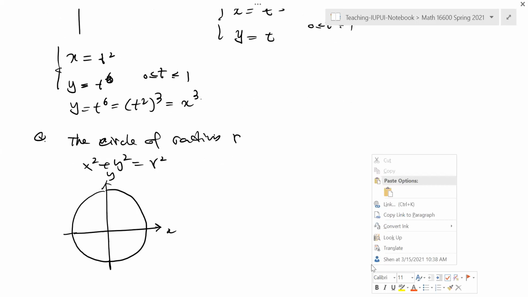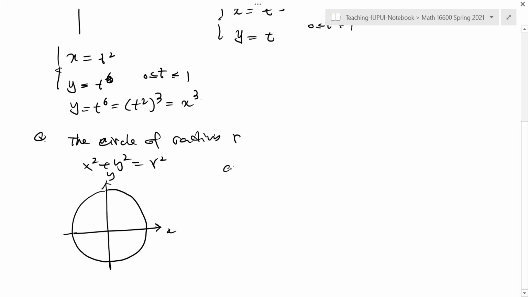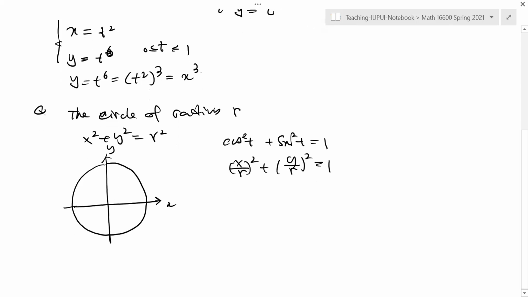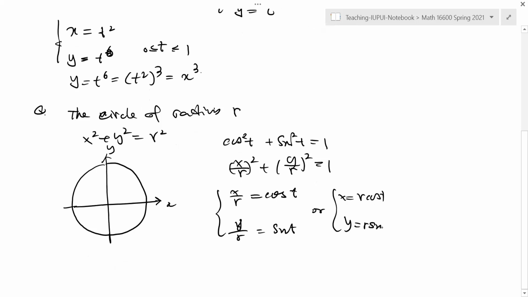Well, step by step. We know that cosine squared t plus sine squared t equals 1. This is actually kind of the Pythagorean theorem. So (x divided by r) squared plus (y divided by r) squared equals 1. So you can set x over r to be cosine t, and y over r to be sine t. Or x equals r cosine t, y equals r sine t.